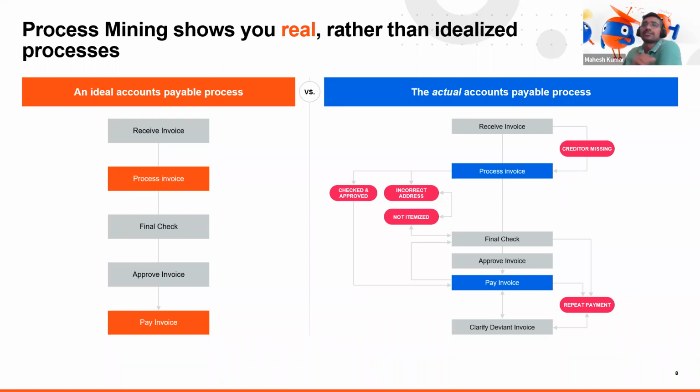These are the steps which process mining shows us, and that's where it helps the organization identify inefficiencies first. Maybe there are some hidden steps which are not really required, but our invoice still goes through those steps, and it takes some time there. So we can remove those steps and those inefficiencies.